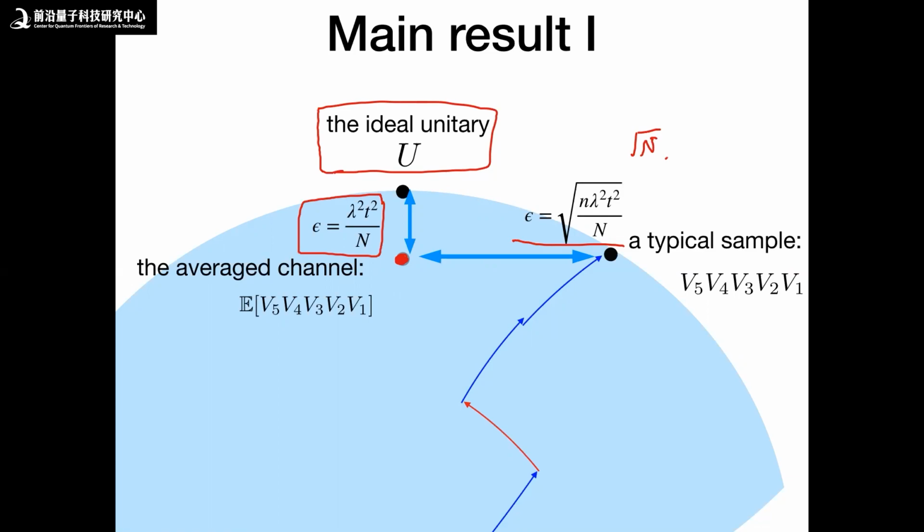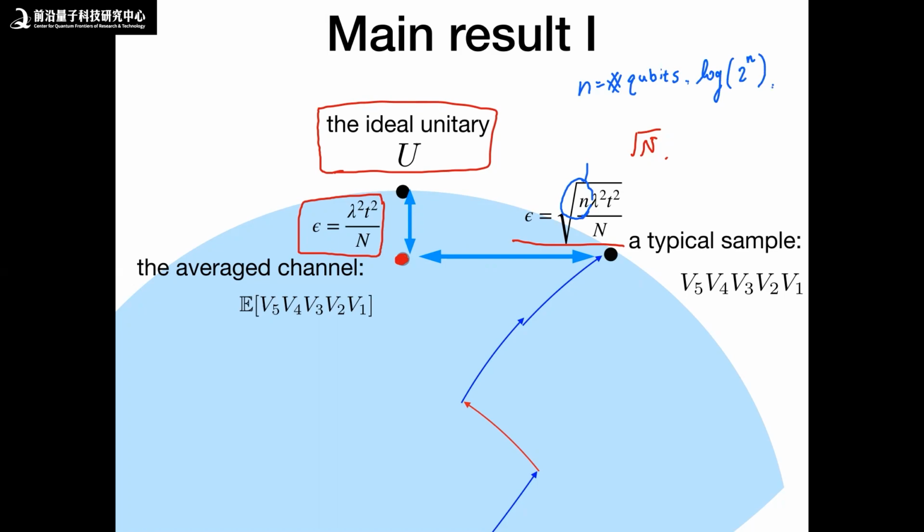But interestingly, what's n? n is the number of qubits, so in fact the n is the logarithm of the dimension of the Hilbert space. So this has something deep coming from high dimensional probability.